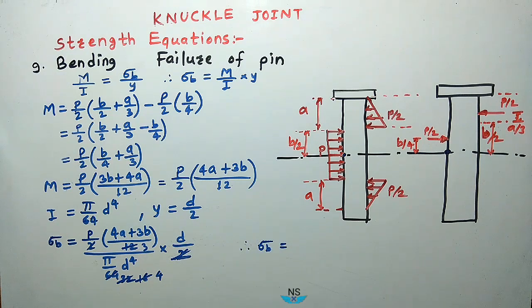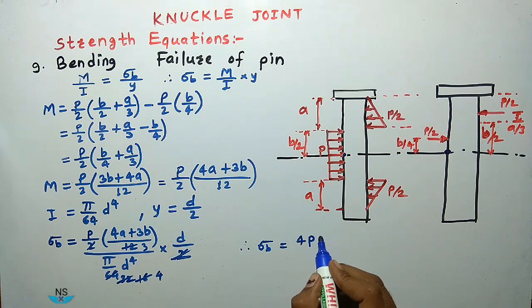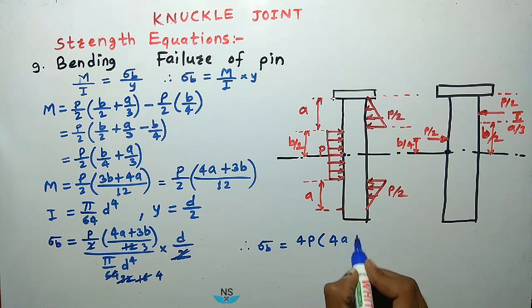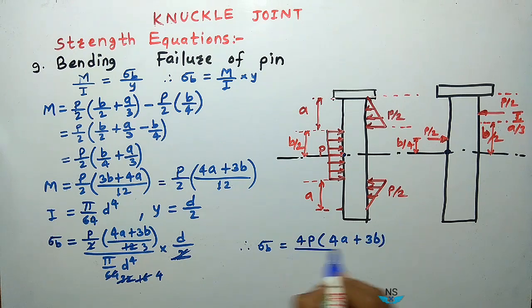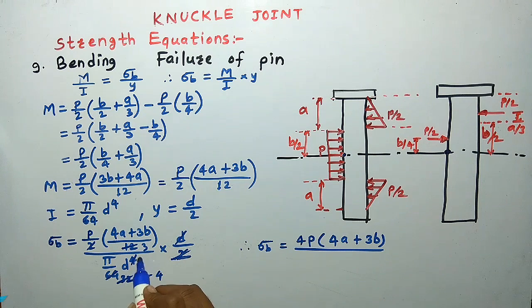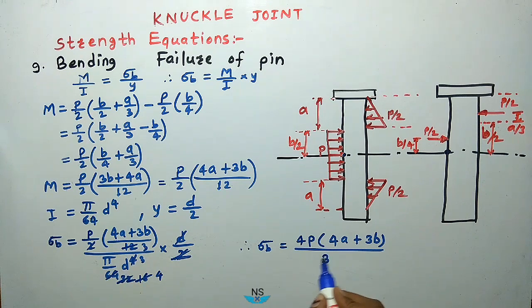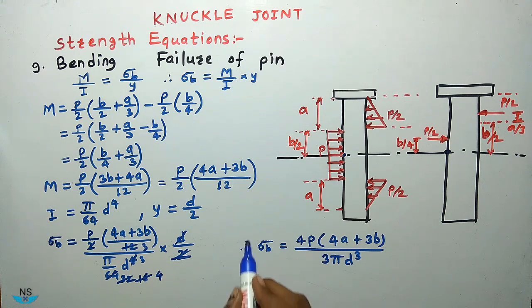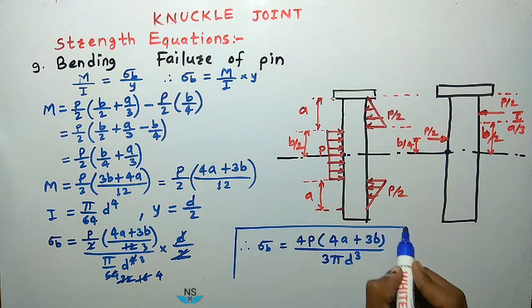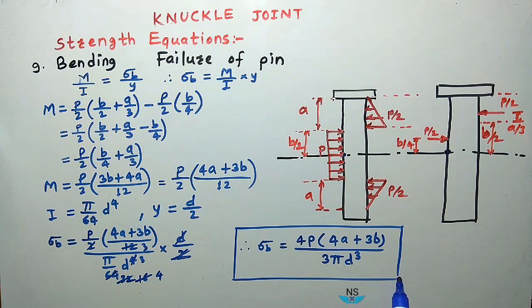Therefore sigma b is equal to 4P into bracket 4a plus 3b divided by 3 pi d cube, with one d canceled.